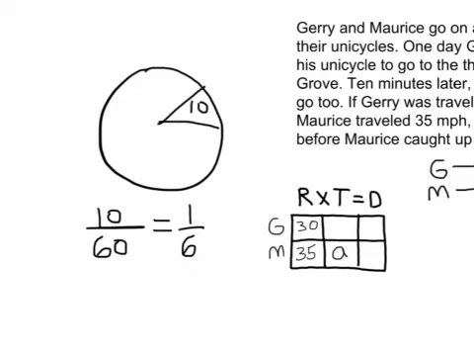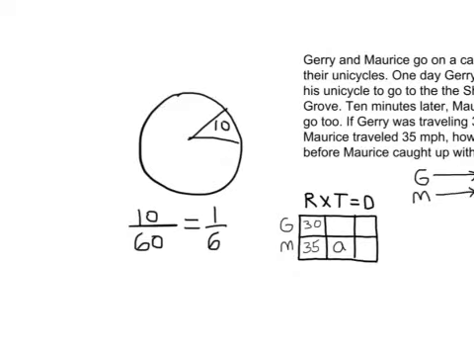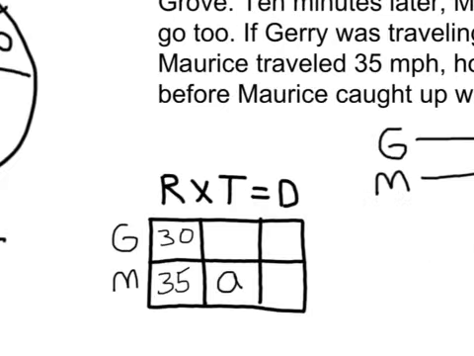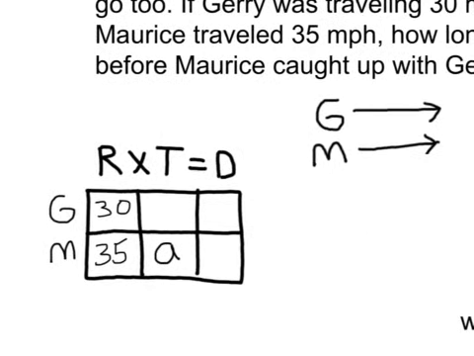So 10 minutes is 1/6 of an hour. Instead of writing a plus 10, which would mistakenly imply that Jerry traveled for a plus 10 hours, we would write a plus 1/6.